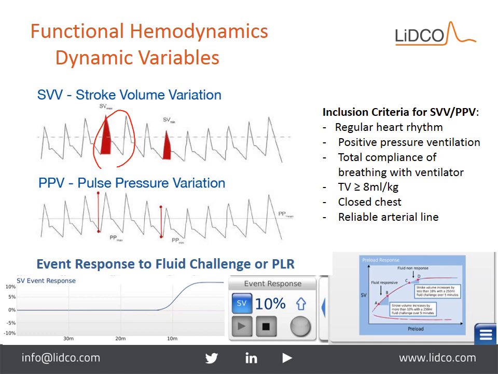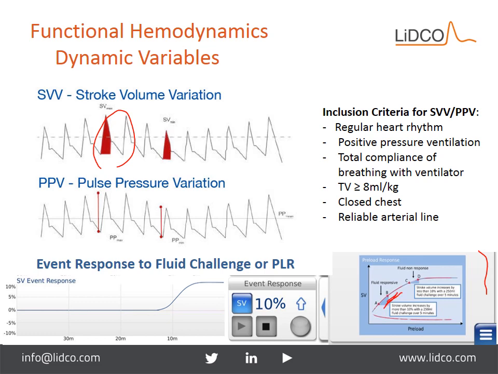But perhaps more importantly about this notion of functional hemodynamics is that it is able to determine fluid responsiveness, meaning looking down here at this diagram, we're looking at where the patient is on the Frank-Starling curve, and we want to know, is our patient here?